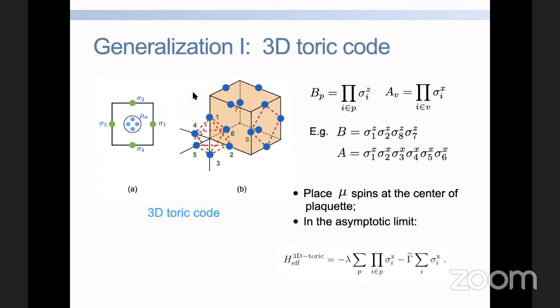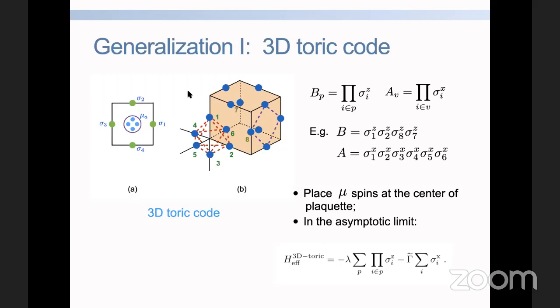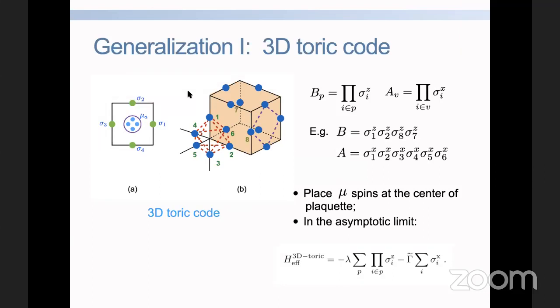Jicheng? Mm-hmm. Can I ask one question before you go to the 3D? So in your 2D models, I understand that in certain limits you can realize the Z2 spin liquid similar to the Toric Code. But can you access other spin liquids, like with the metallic matter fields or something like that? This is part of the ongoing work.